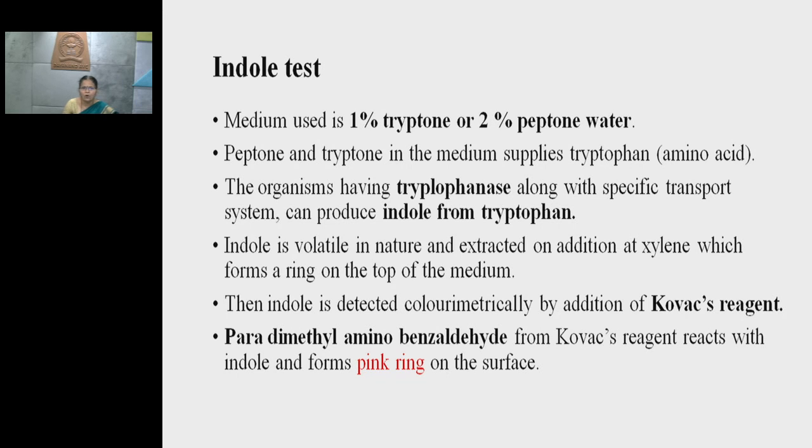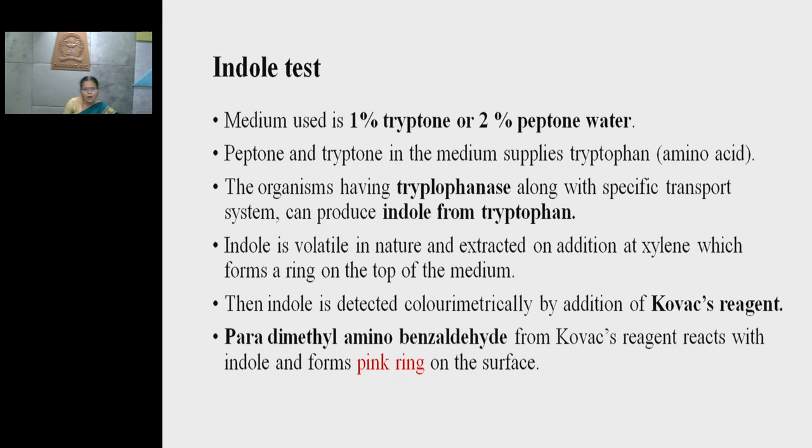We'll see the Indole test first. The medium used for the Indole test is 1% tryptone or 2% peptone water. Peptone and tryptone in the medium supply tryptophan, that is the amino acid, and the organisms having the tryptophanase enzyme along with a specific transport system can produce indole from tryptophan.